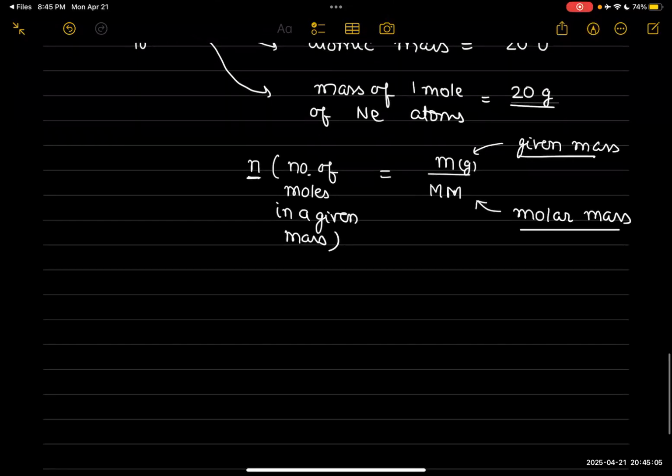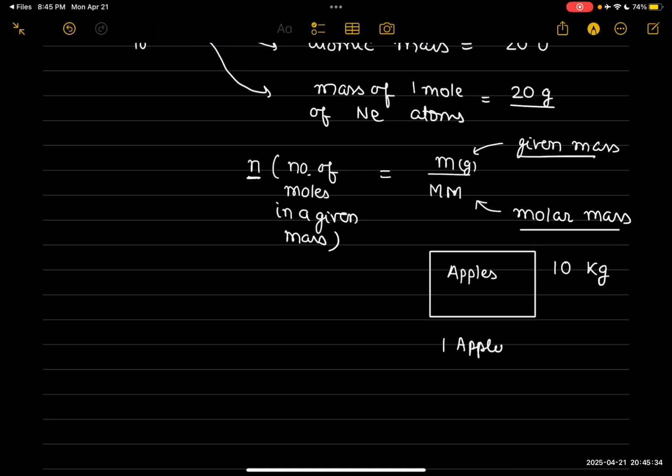It is just like how this formula came. It's very simple. Suppose you have a box, and the mass of the box is 10 kgs, and there are apples in it. One apple has a mass of 1 kg.